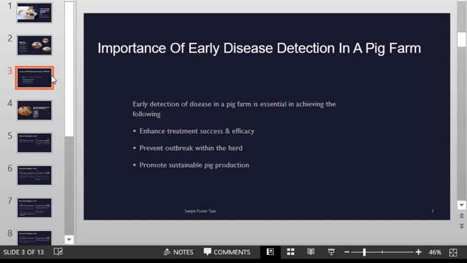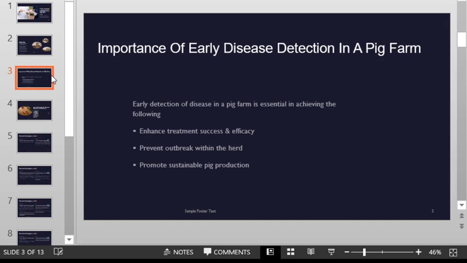If you are able to detect disease in your farm, you are able to reduce cases of mortality. Practically most of the cases of mortality in the farm are cases that could have been dealt with if the farmer is able to identify the sick animal and provide treatment immediately.